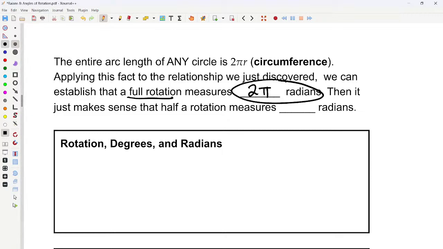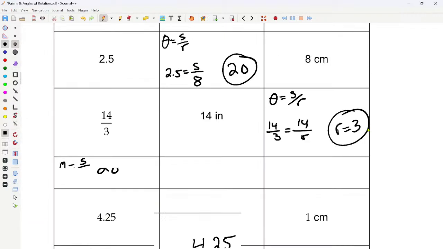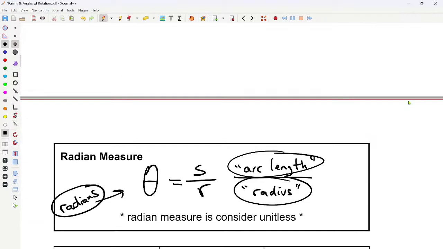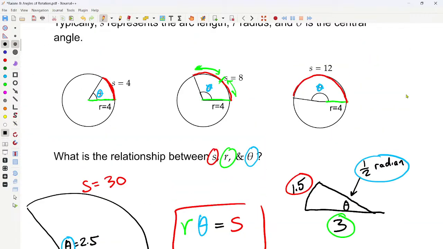Then it just makes sense that half a rotation is how many radians? Pi. Pi is about what number? 3. What's half a rotation?